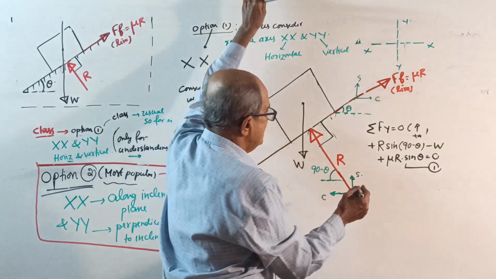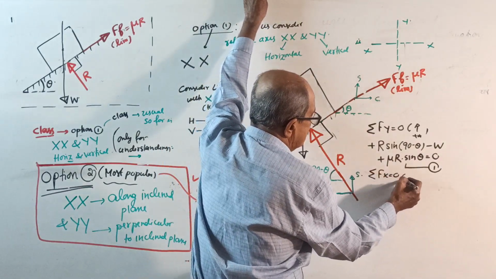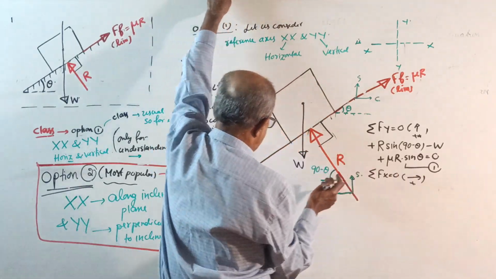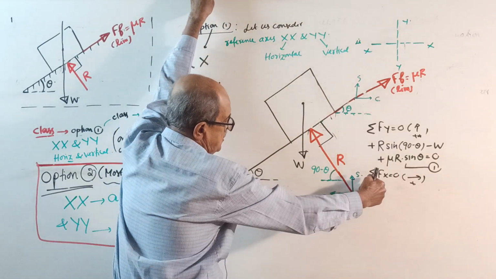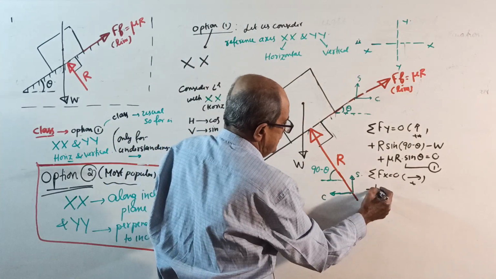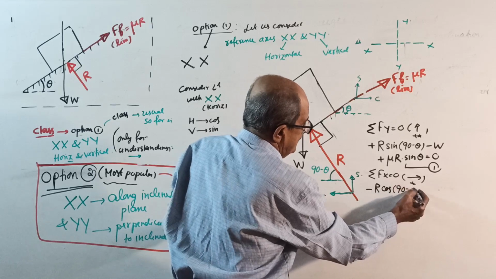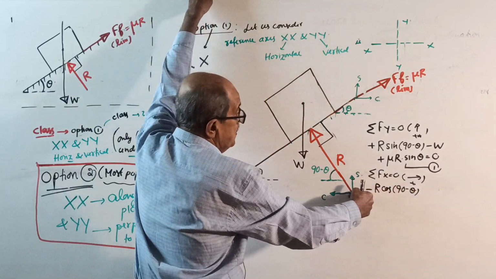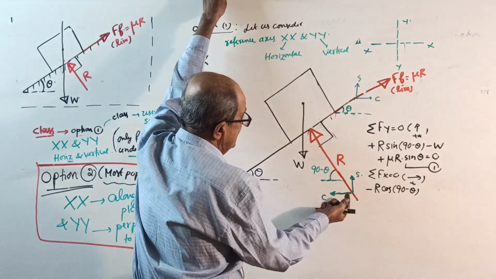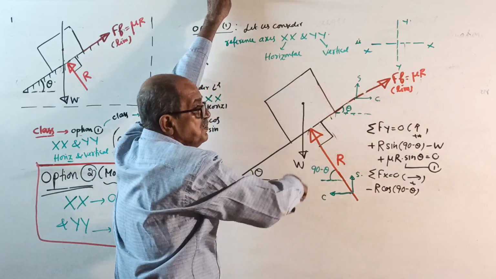Okay, then sigma Fx equal to 0. Take right side positive. You get minus R cos of 90 minus theta. Then this way over now, left side. This is purely vertical.